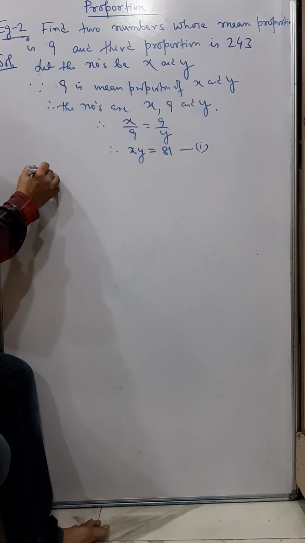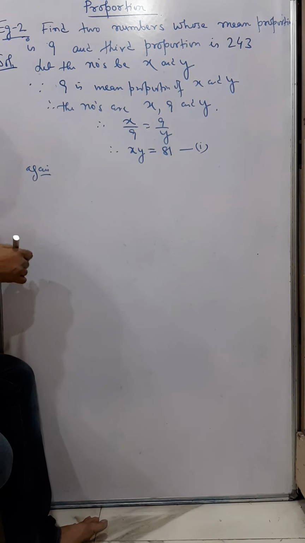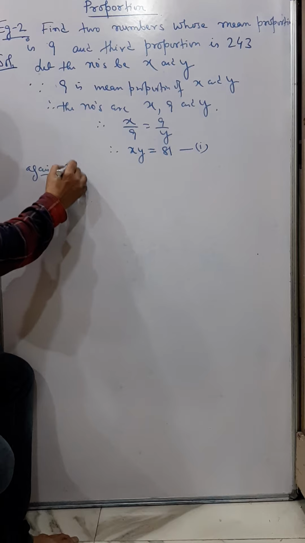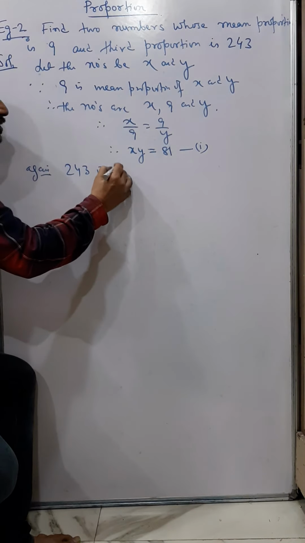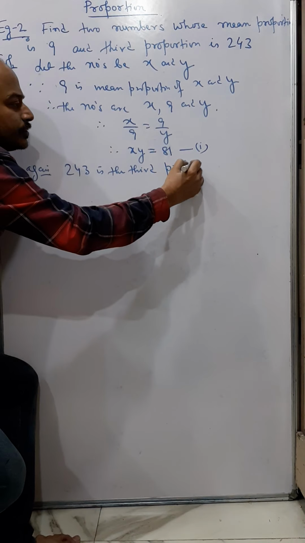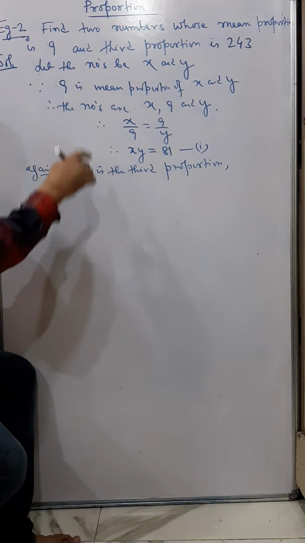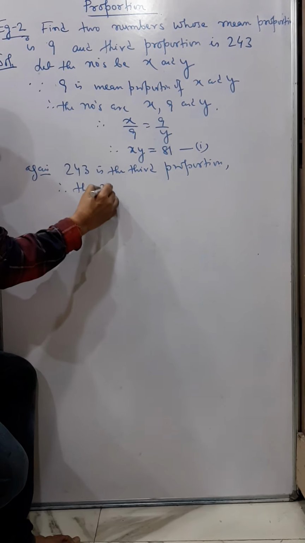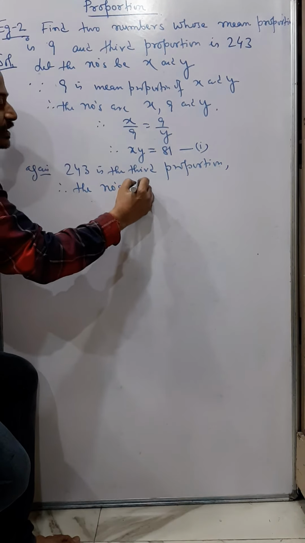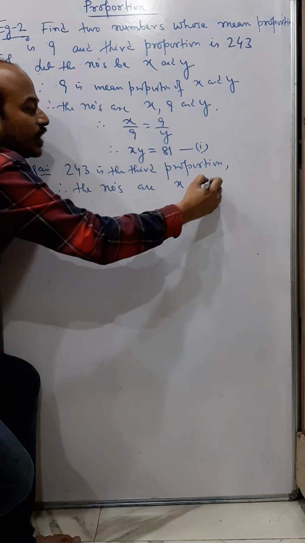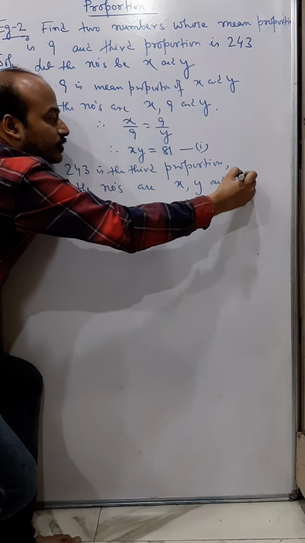Again, in the next case what they told that 243 is the third proportion of x and y. So we can say that 243 is the third proportion. And therefore according to this condition we can say the numbers can be written as x, y and 243.